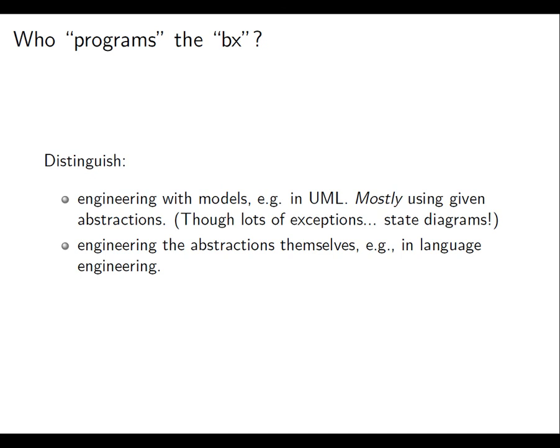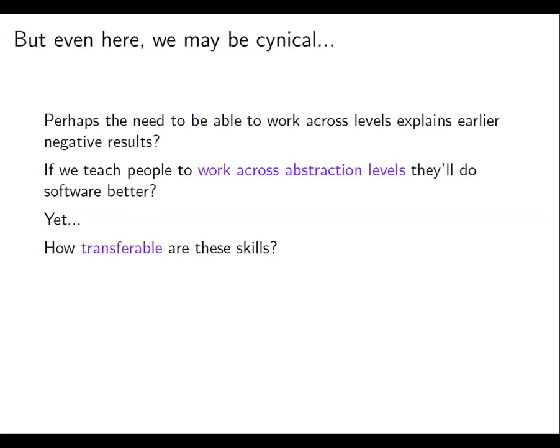And so perhaps we might say that it's this need to work across levels of abstractions that explains the earlier negative results, that they weren't looking for the right kind of abstraction skills or doing the right kind of abstraction teaching. And we might say that if we teach people explicitly to work across abstraction levels, we train their abstraction skills in that, maybe that will help them to do software better.